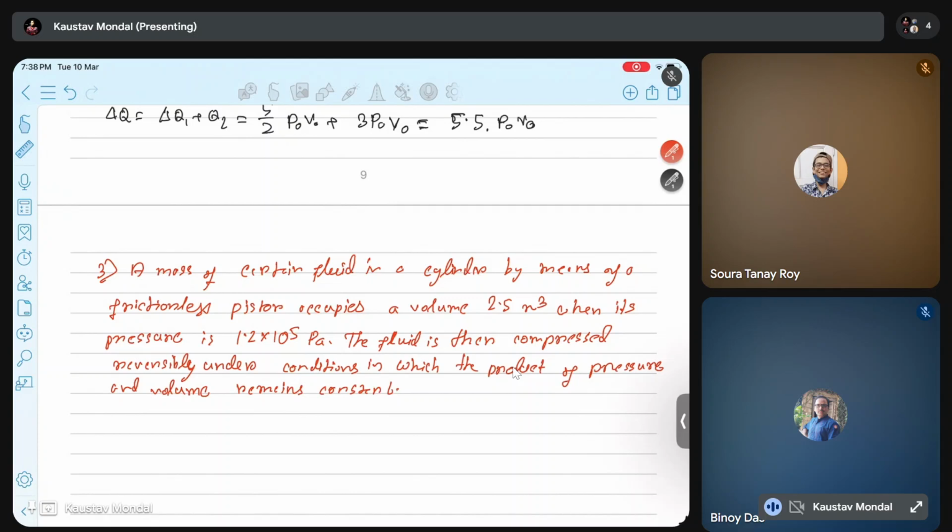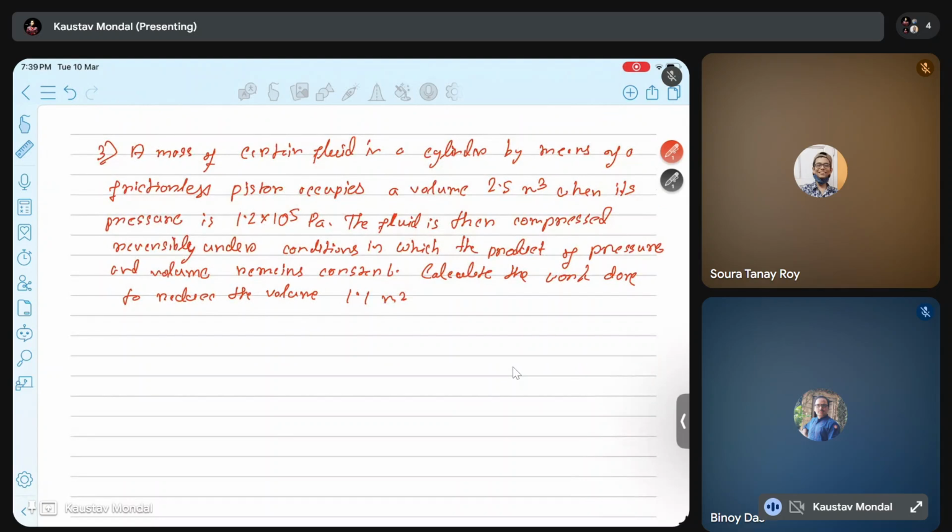Calculate the work that must be done to reduce the volume to 1.1 meter cube.